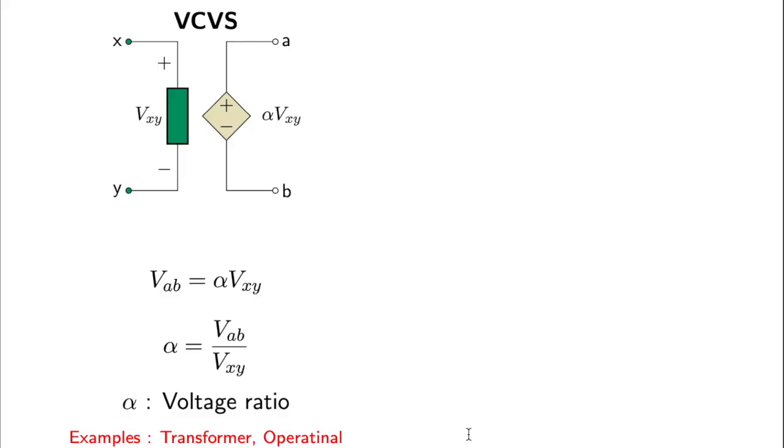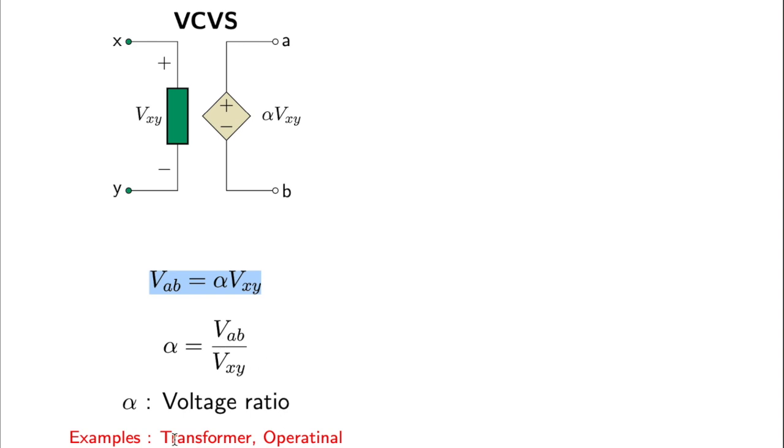Now we will visit them one by one. Voltage controlled voltage source. Here the controlling parameter is the voltage Vxy. The controlled parameter, that is the source value, is also a voltage, VAB. Correlating them, VAB will be alpha times Vxy, so the dimension of alpha is a voltage ratio.